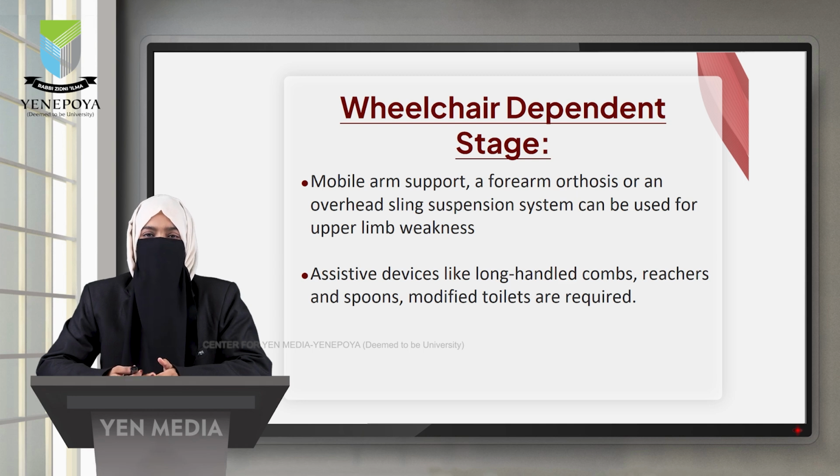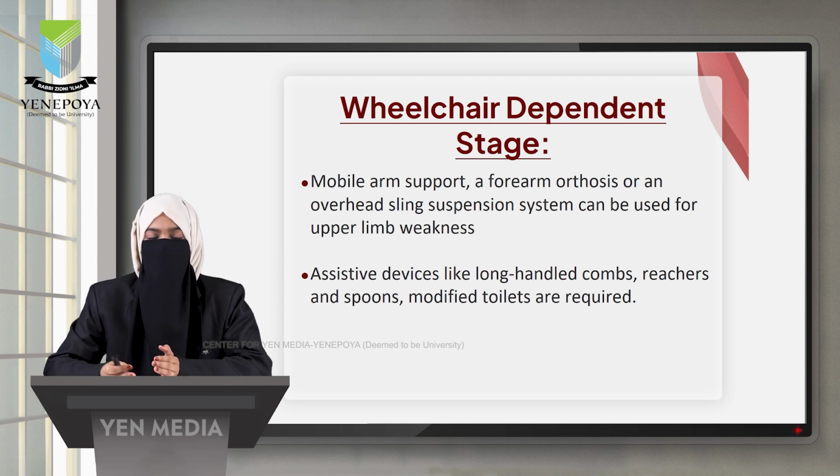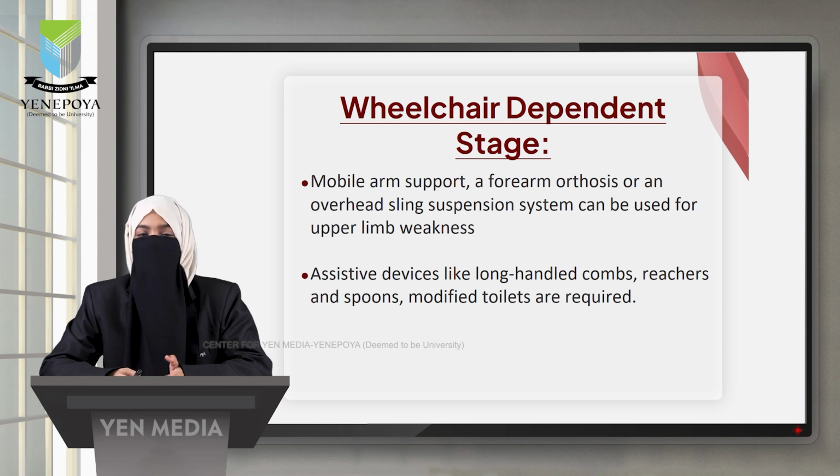Here, orthoses are more common, such as mobile arm support, forearm orthosis, or an overhead sling suspension system, which can be used for upper limb weakness. All the everyday devices can be modified. Assistive devices like long handled combs, reachers and spoons, and modified toilets are required. So all the ADLs that they usually do can be modified for their preference.